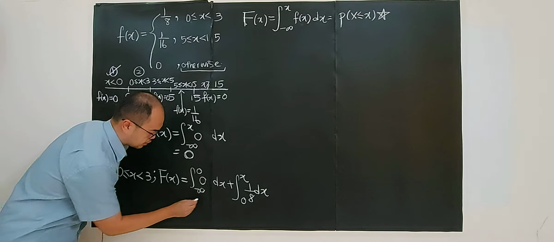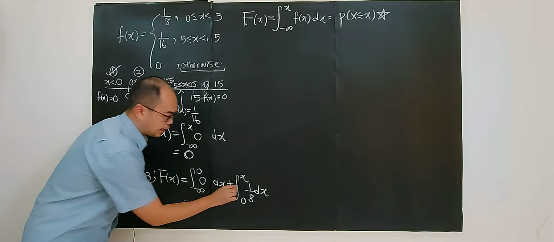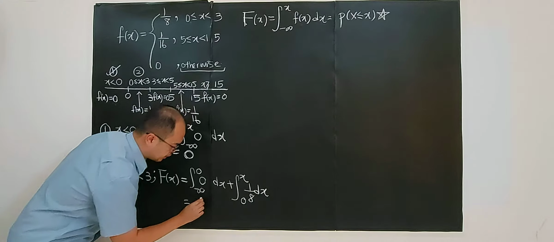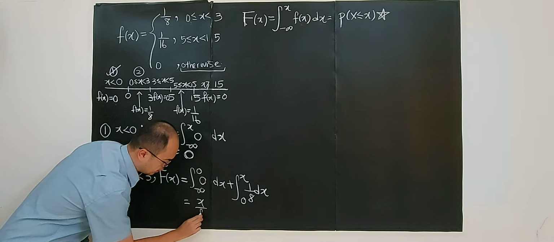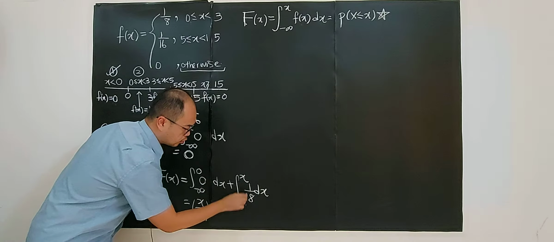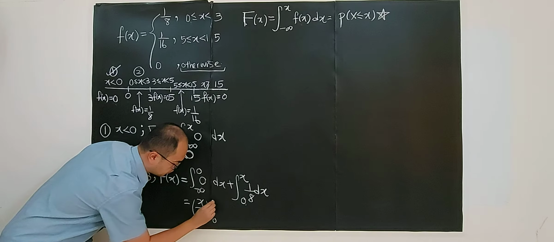As you know, this will be 0, and if you integrate, this will be 0. If you integrate this, you are getting x over 8. Go slowly: x over 8, from 0 up to x.